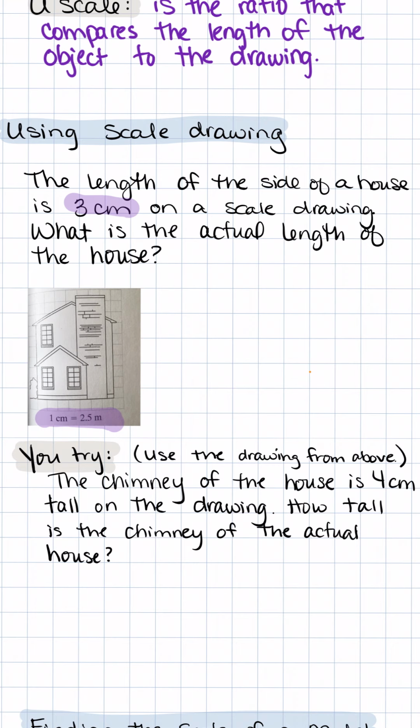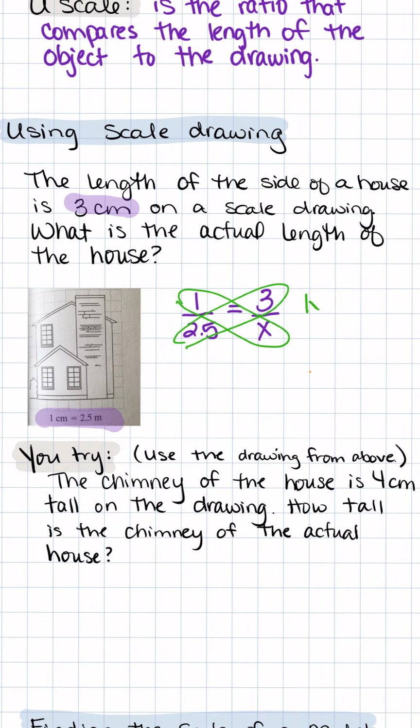Okay, so we have 1 centimeter is equal to 2.5 meters. And the length of the house, they said, is 3 centimeters. So how many meters is that? Like we talked about yesterday, we could multiply these out. Remember how we do the cross multiplication.